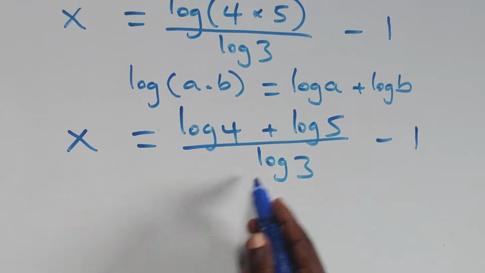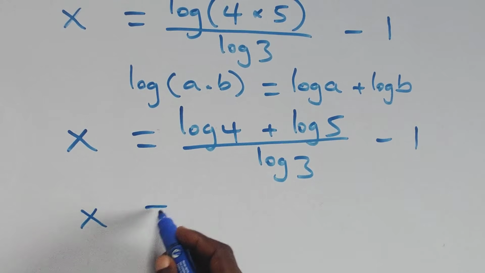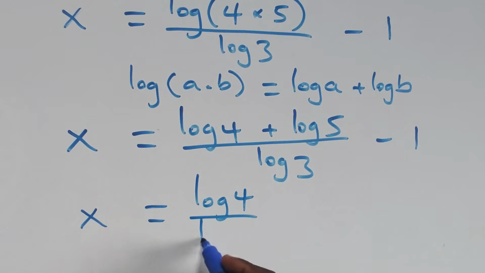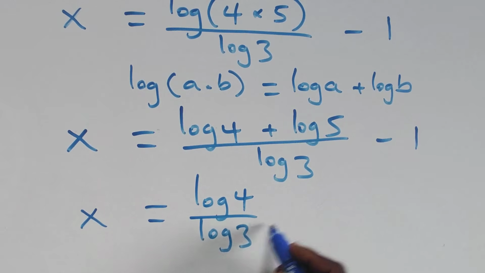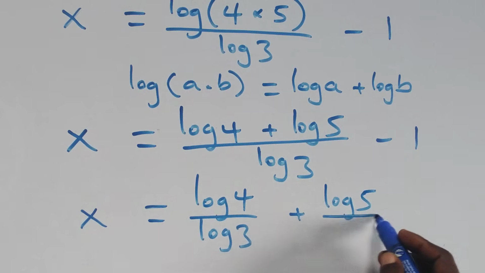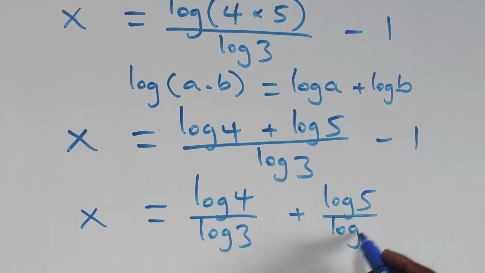And also we can separate this and we have x equals to log 4 over log 3 plus log 5 over log 3 minus 1.